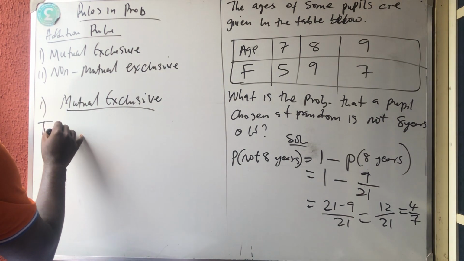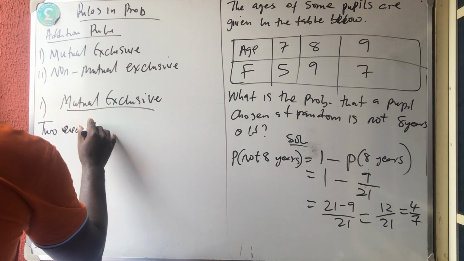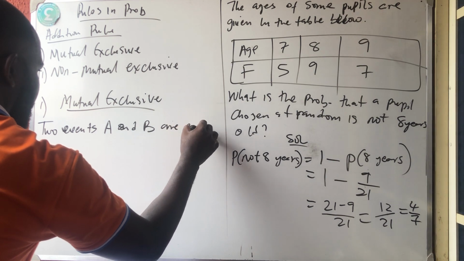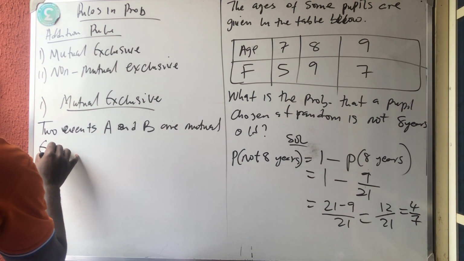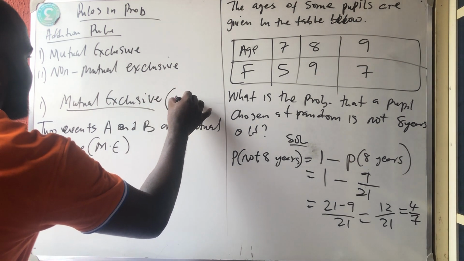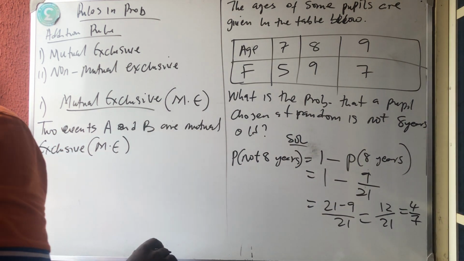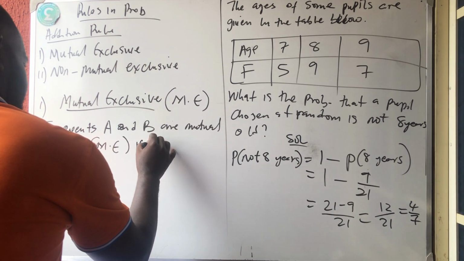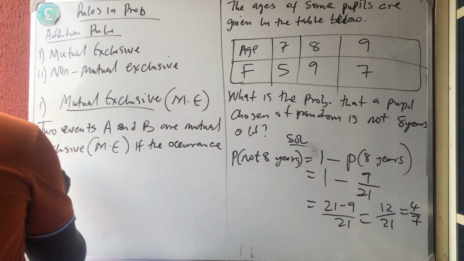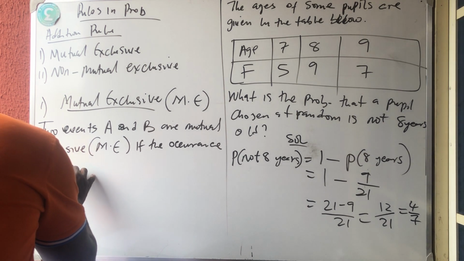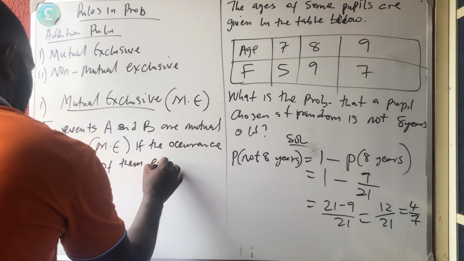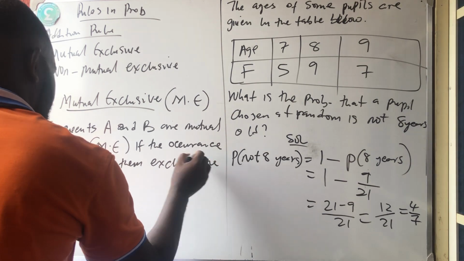Two events A and B are mutual exclusive if the occurrence of any one of them excludes the other.